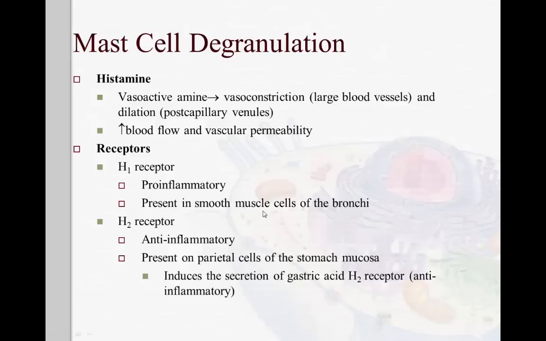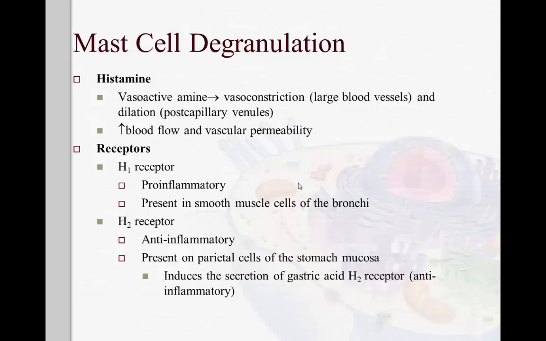So when a patient has asthma, H1 is the receptor that is activated. So we need to give H1 blockers like Allegra or Benadryl or Claritin to avoid the release of histamine by mastocyte degranulation and to block H1 receptors.